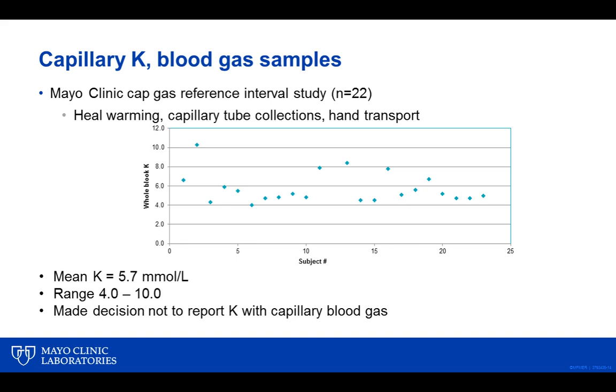Normal potassiums are going to be in the 3.5 to 5 range for an infant. You can see these values centered on about 6 millimolar, an average of 5.7, and a range of 4 to 10 millimolar potassium in a healthy population of infants, which really told us that we could not reliably measure potassium in an infant with this arterialized capillary blood gas collection. So we do not report potassium in our capillary blood gases.